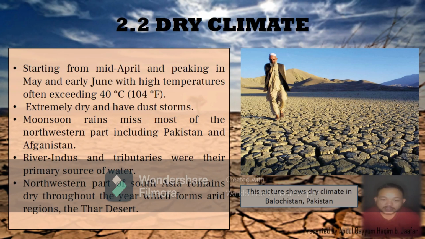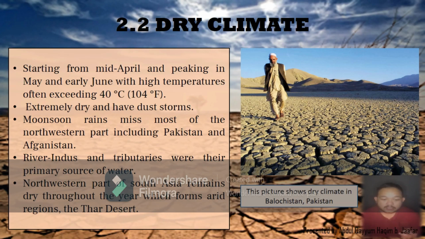2.2 is dry climate, starting from mid-April and peaking in May and early June, with high temperatures often exceeding 40 Celsius. It is extremely dry and has dust storms. Monsoon rains miss most of the northwestern part, including Pakistan and Afghanistan.